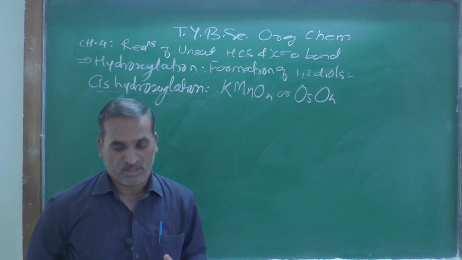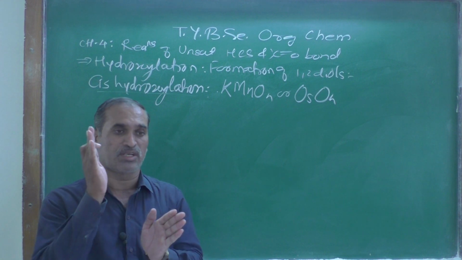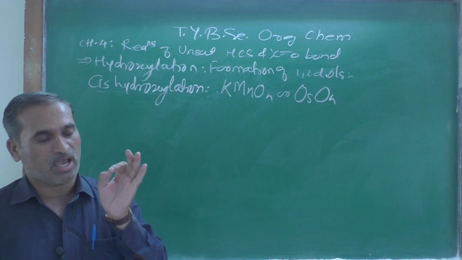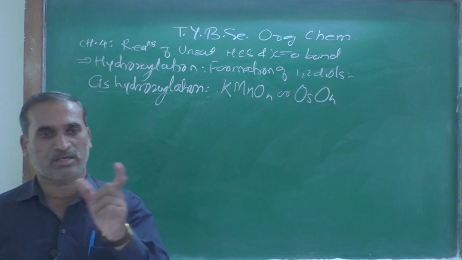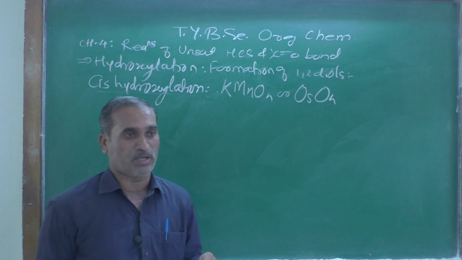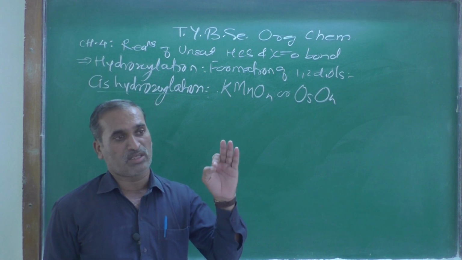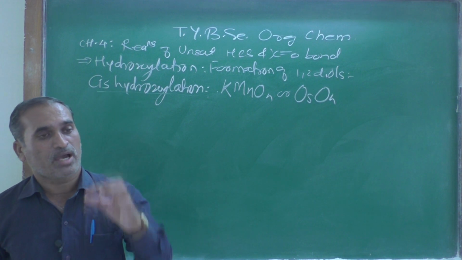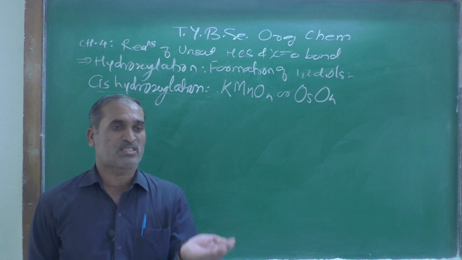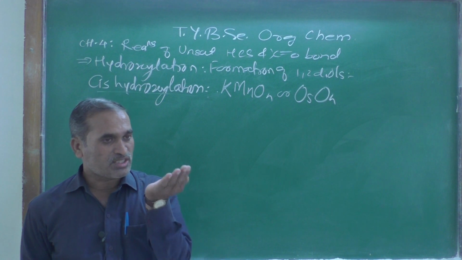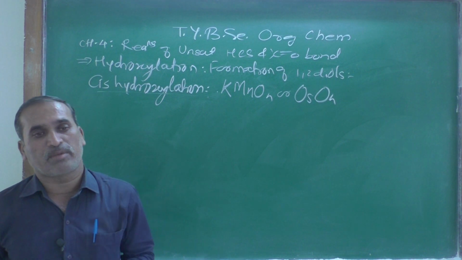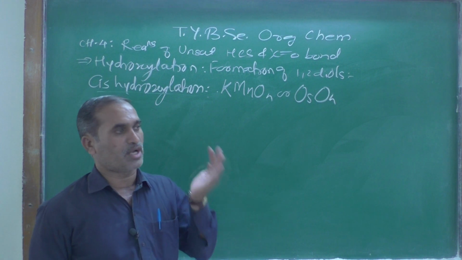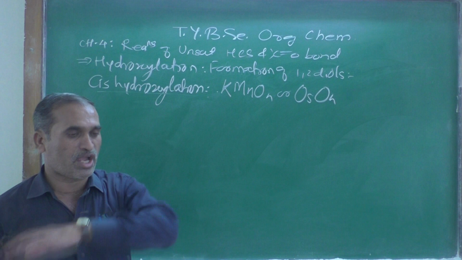It is a stereocontrolled reaction, either a cis hydroxylation or a trans hydroxylation. As we know, there are cis isomers and trans isomers. Cis isomer means similar groups are on the same side. Here, both hydroxyl groups come on the same face of the carbon-carbon double bond. That type of diol is called a cis hydroxylation.